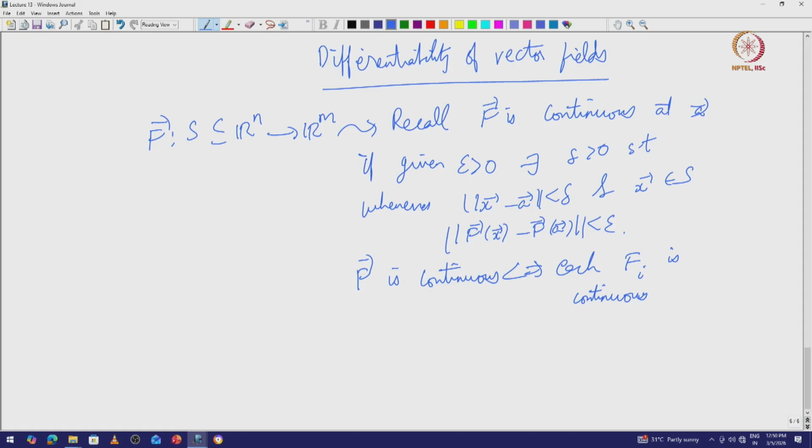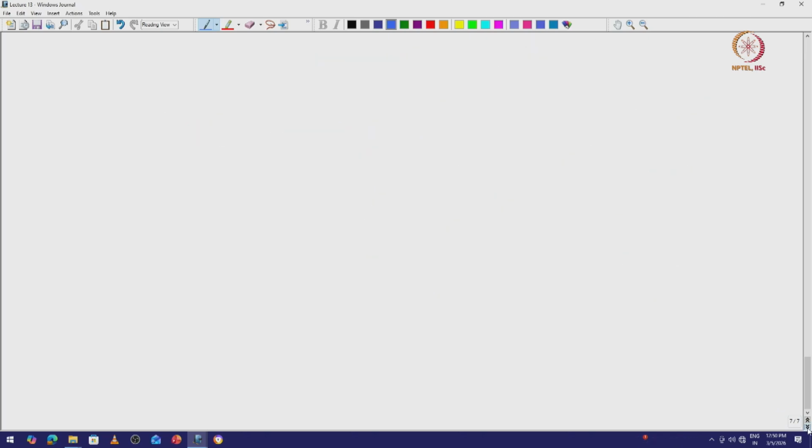Right, so now we want to talk about the differentiability of a vector valued function. So let a be an interior point as always. Right.